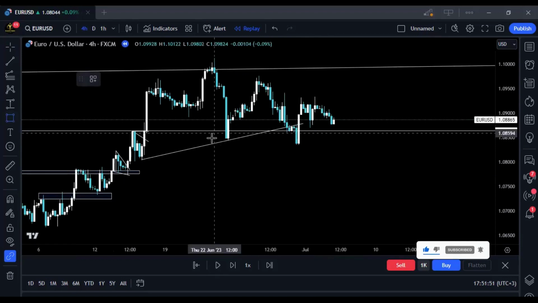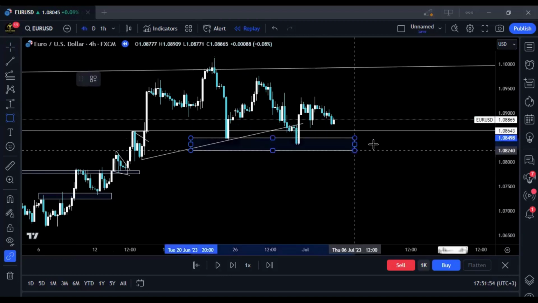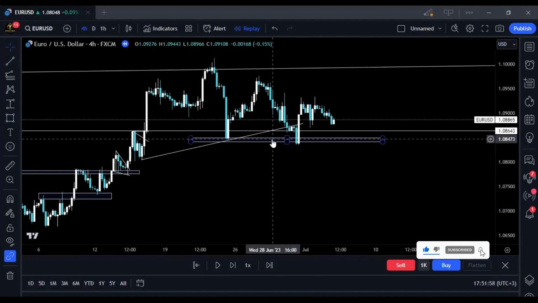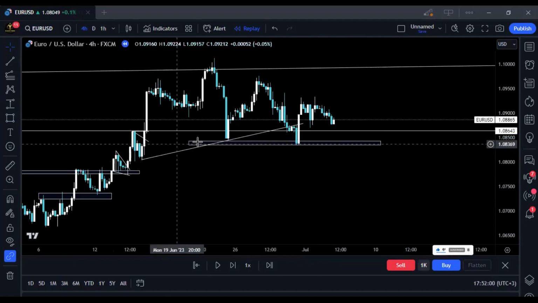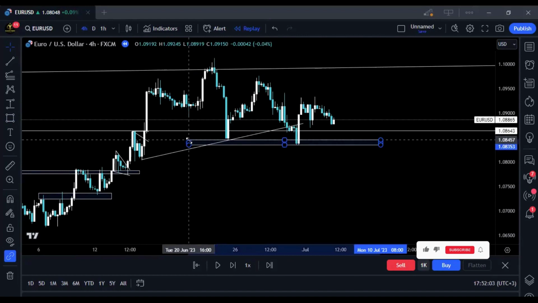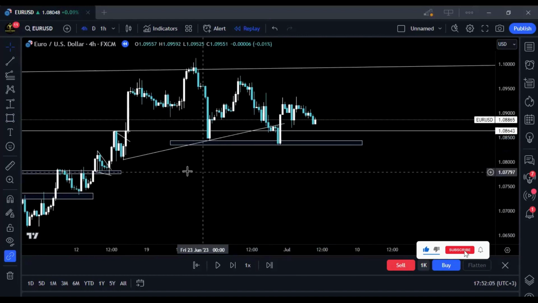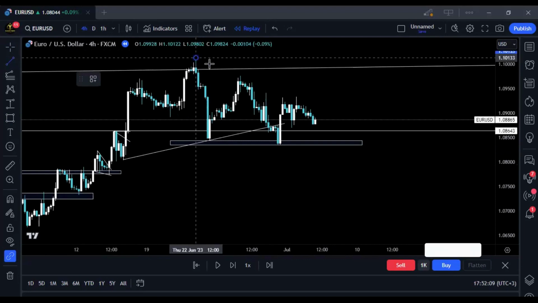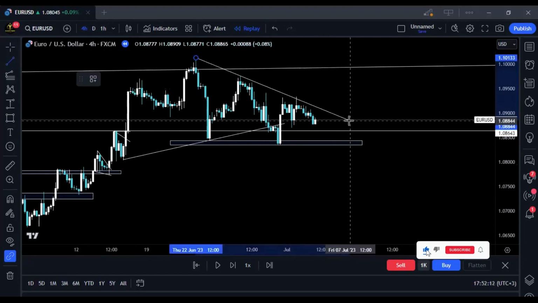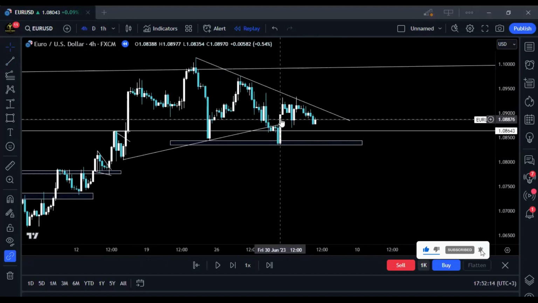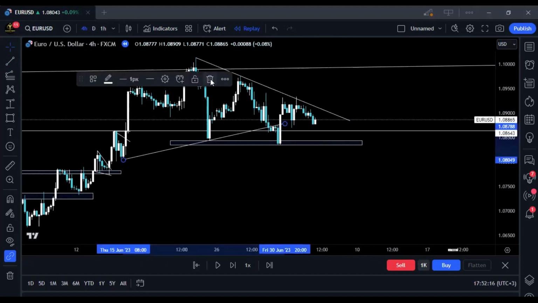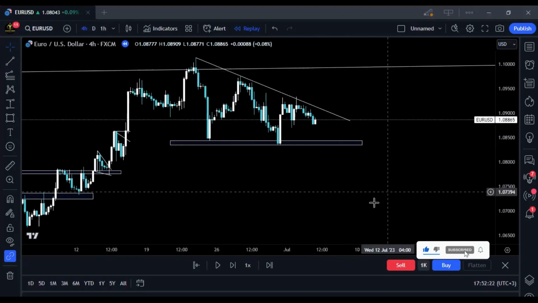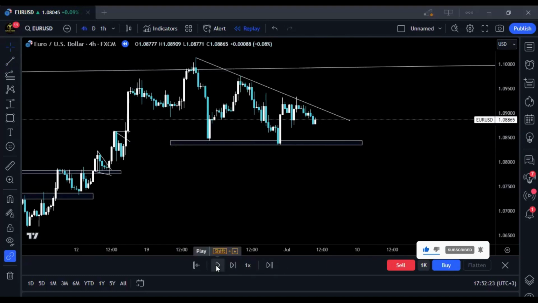So now the only structure that would have been holding these prices would have been somewhere here. I'd cover it like that. So this would no longer be valid. I wouldn't really consider this structure. I'll just be looking at the prices like this and seeing how it plays out.